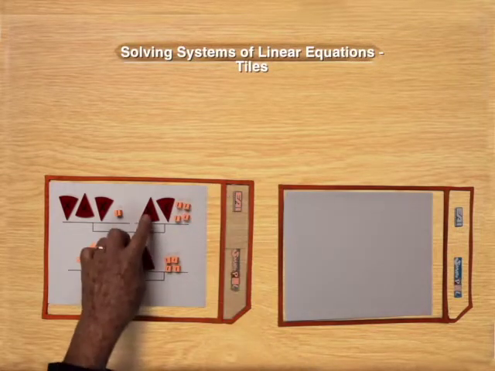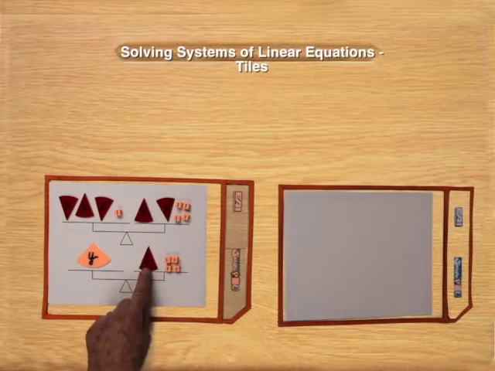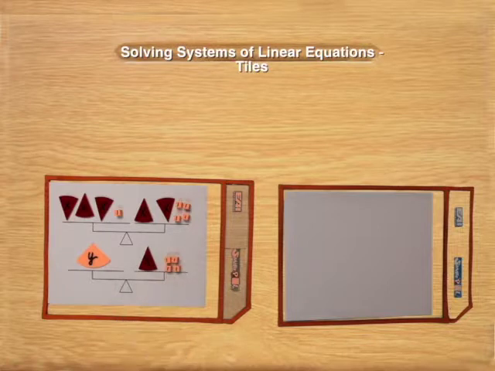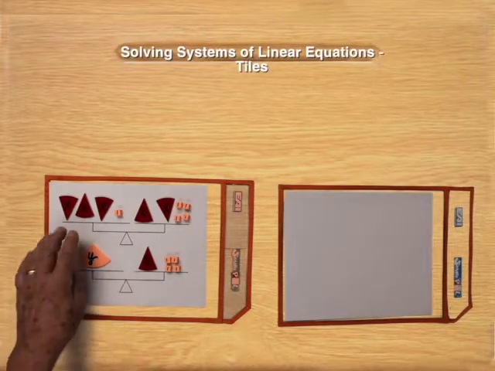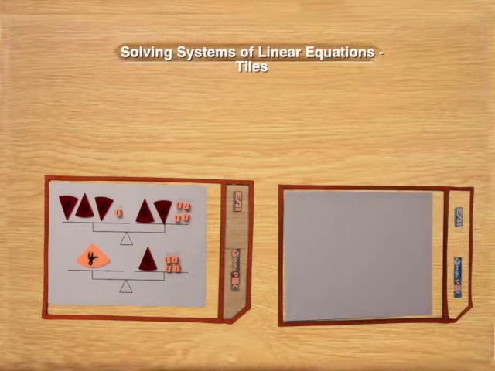So what we've done is we've taken out the y that used to be here, and we've substituted what balances y, namely an x and 4 ones. So now the right hand side of the balance has 2 x's and 4 ones.